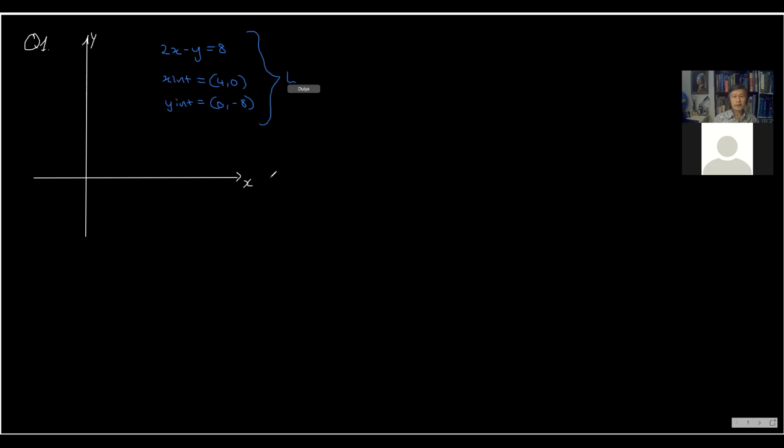So you rewrite this form into the vector form, right? The y-intercept is negative 8, right? Can we just give a sketch first? They are looking for the vector equation for this straight line, right?